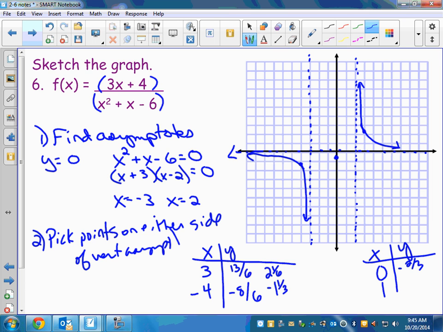If I pick 1, I'm going to get 7 over -4, or that's -1 3/4. Let's say that's about there. Which means maybe we should pick -1 to see what happens. Is it going back down over here, or is it going up here?